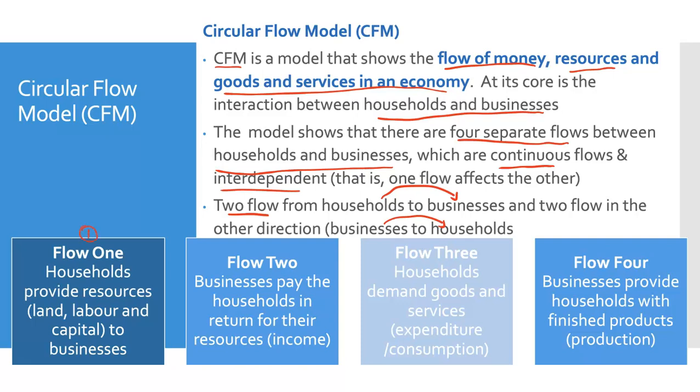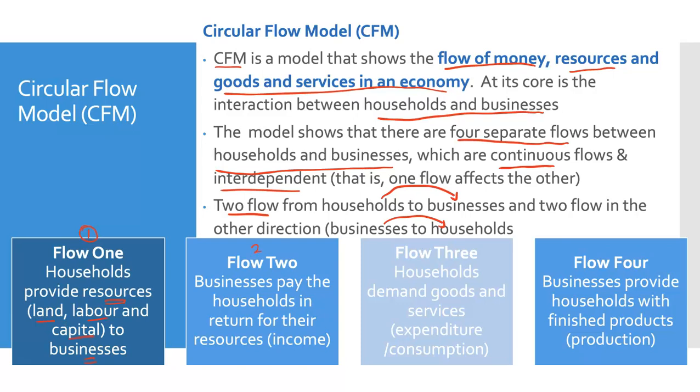The first flow is that households, individuals, provide the resources, land, labour, and capital to businesses. Businesses don't operate without resources. Households are the ones that give them land, labour, and capital.